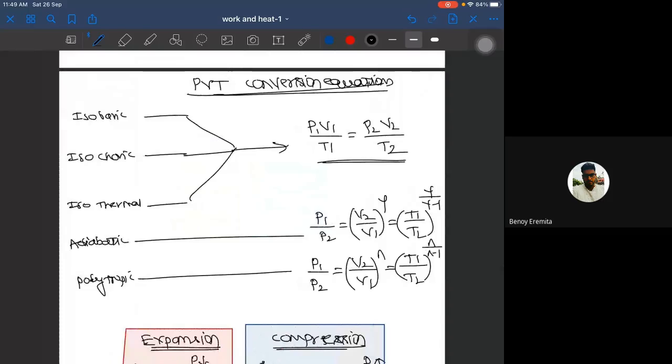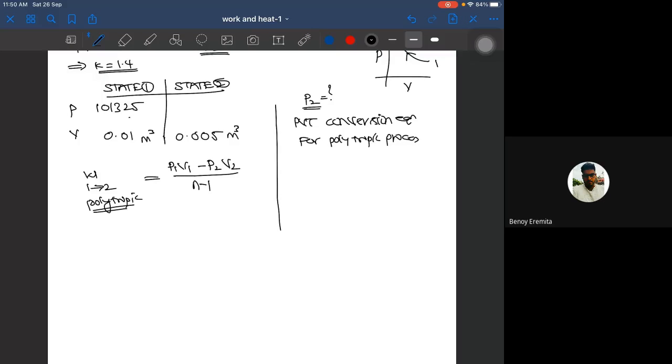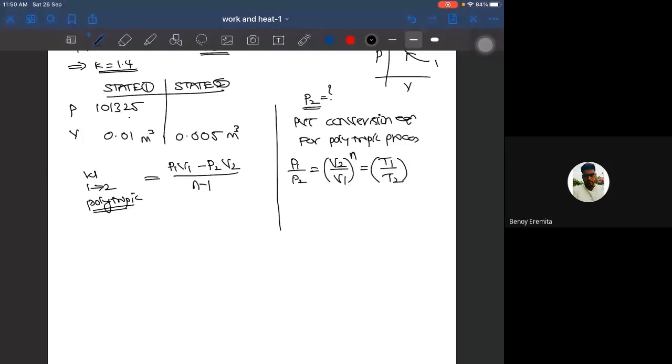You have to take this particular formula, which says P1 by P2 is equal to V2 by V1 whole to the power of n, that is equal to T1 by T2 whole to the power of n divided by n minus 1. So this is your first term, second, and this is your third term.